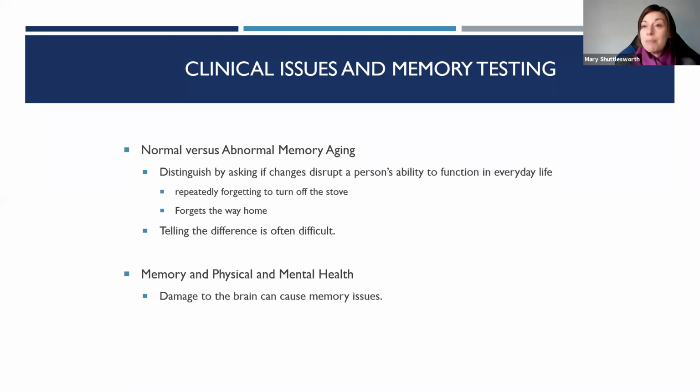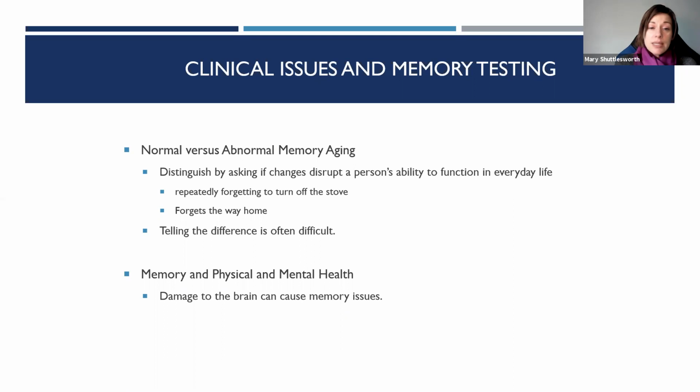So those plaques and tangles, where those axons get tangled up, are not normal age-related changes in memory. Dementia is not a normal part of the aging process, but oftentimes it's very difficult for us to tell the difference between normal age-related forgetting and things like dementia.